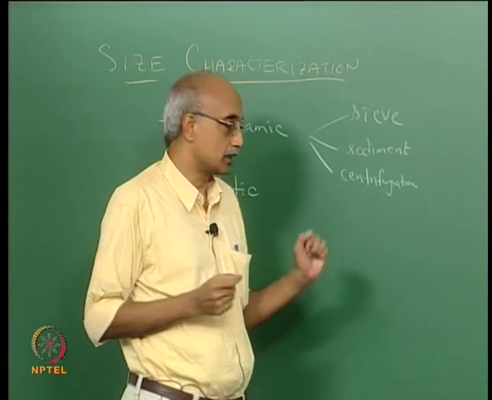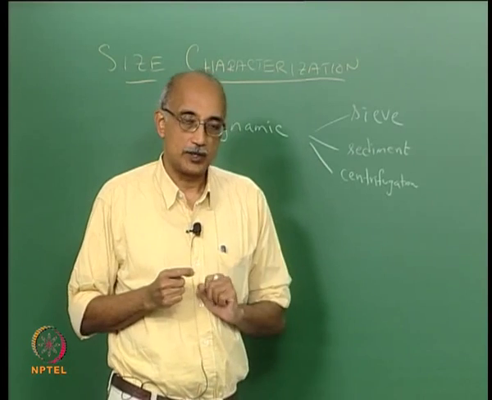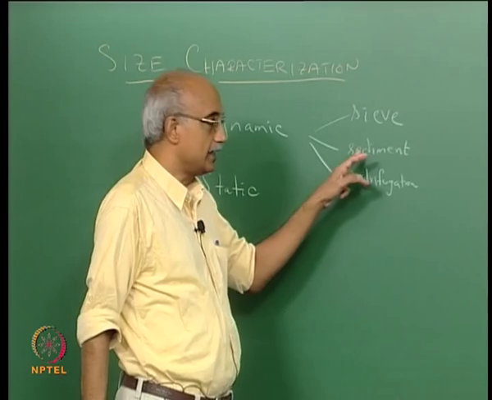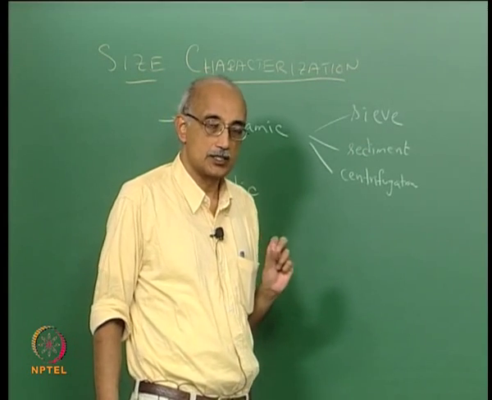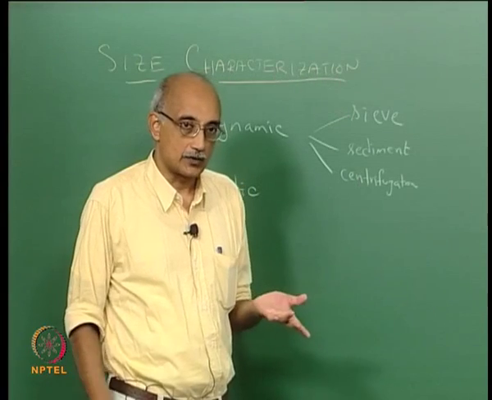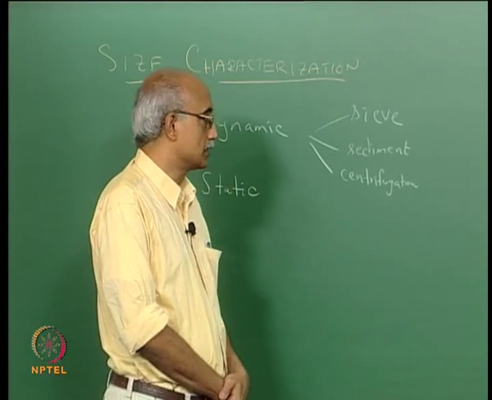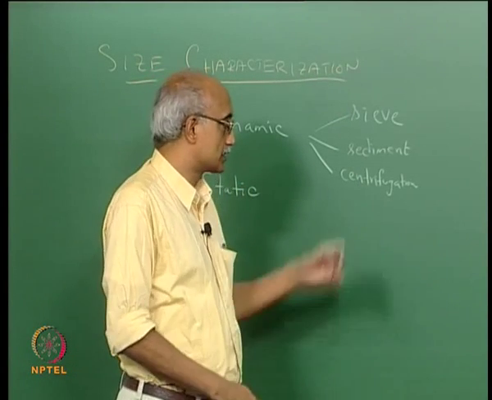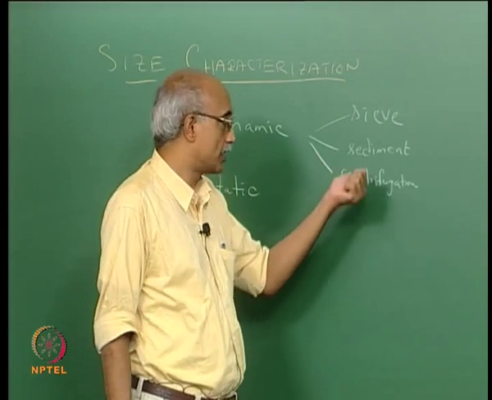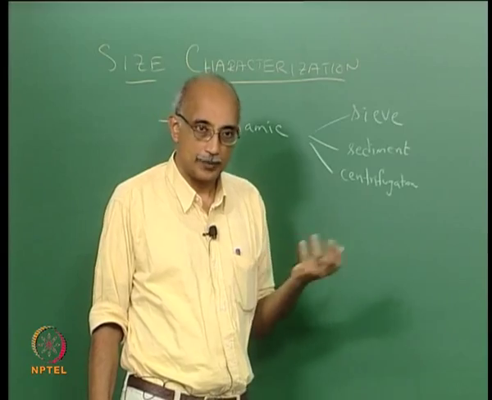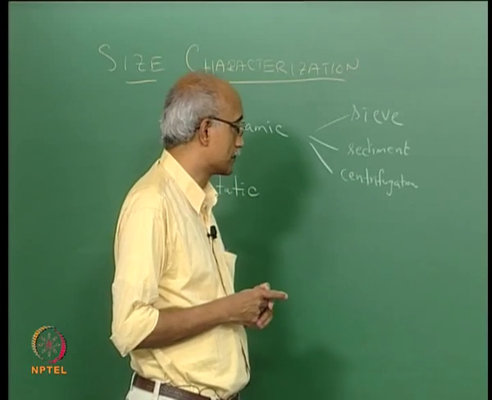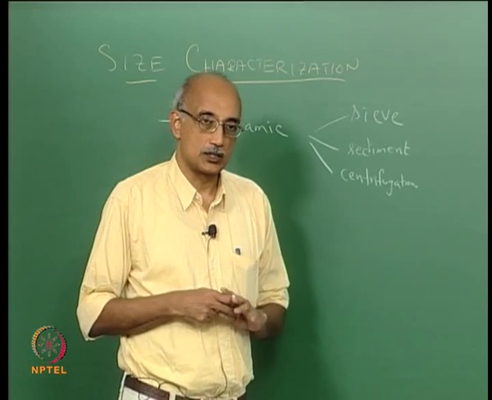So, the shape effect is again an important parameter in sedimentation analysis, but the prevailing dynamic mechanism that you are using in this particular case to do your size characterization is the settling that is achieved by the inertia of the particle. So, it is predominantly a Stokes number based effect, and we will discuss this in more detail in one of the future lectures. How about centrifugation?